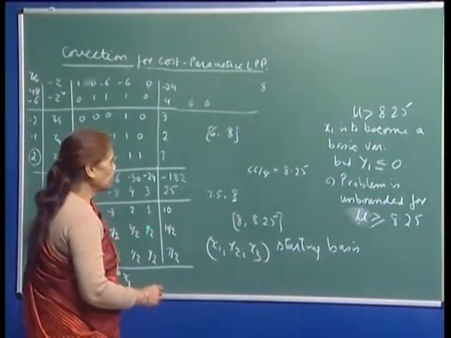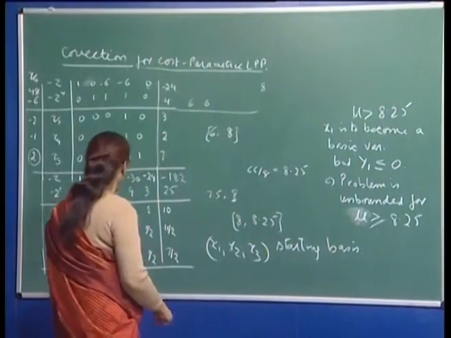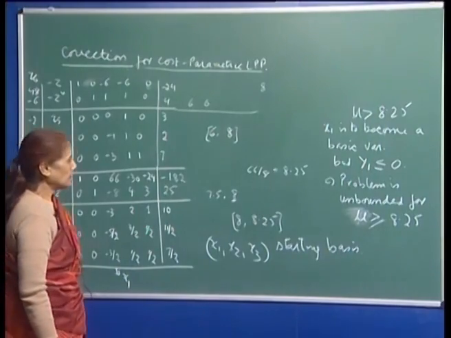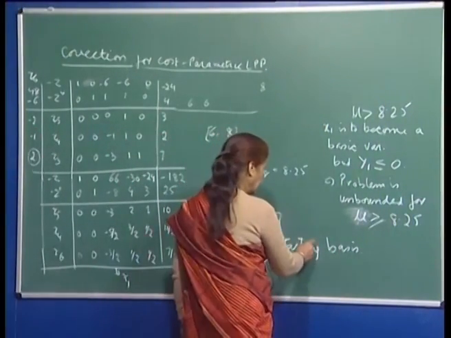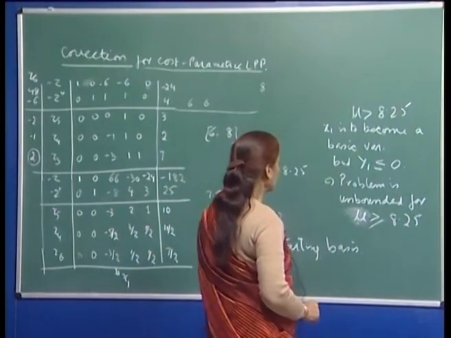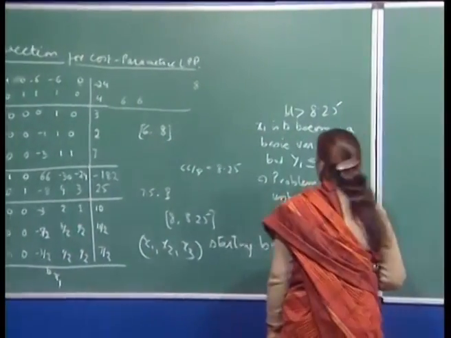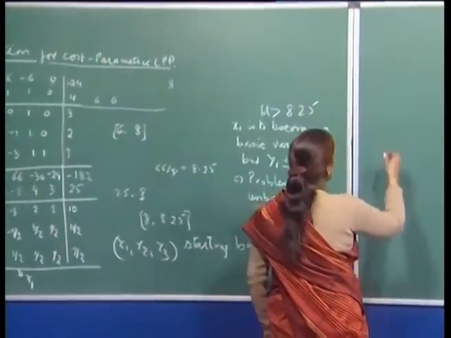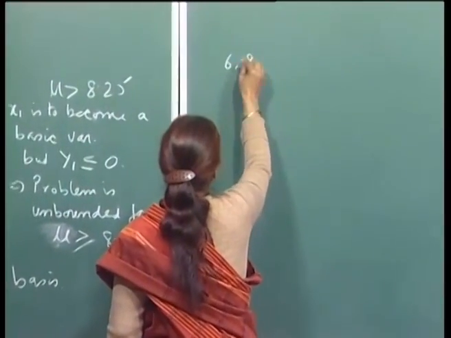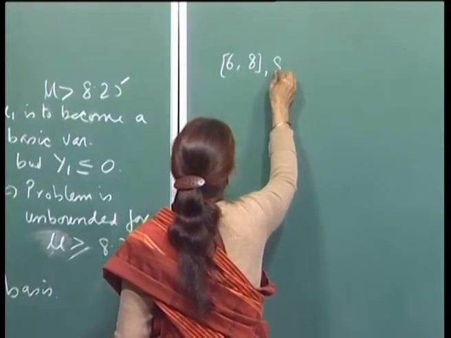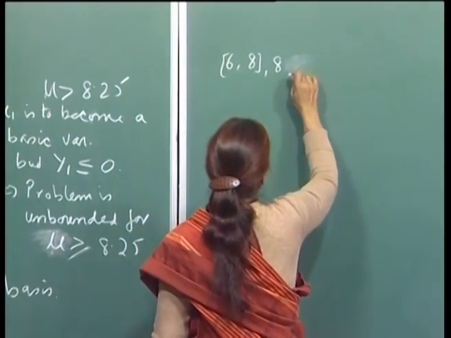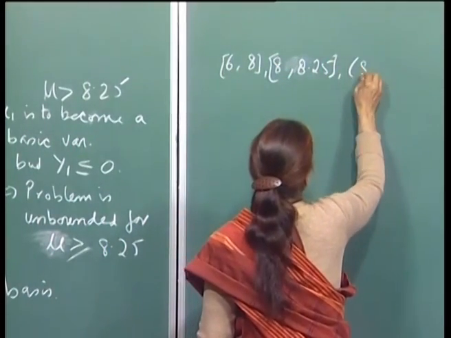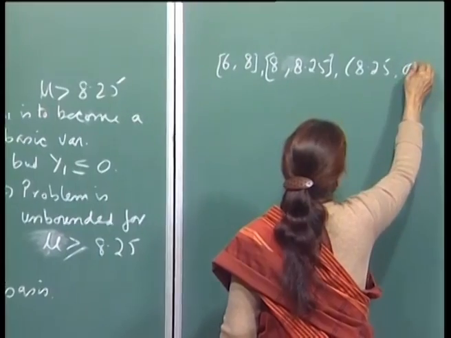For 8.25 we already have an optimal basis, where x5, x4 and x6 are the basic variables. The starting tableau is not there, but you could have checked that we started with the 6. So far the characteristic intervals that you have obtained are 6 to 8, 8 to 8.25, and then the open interval 8.25 to infinity, right.